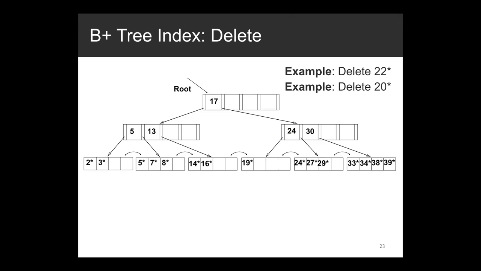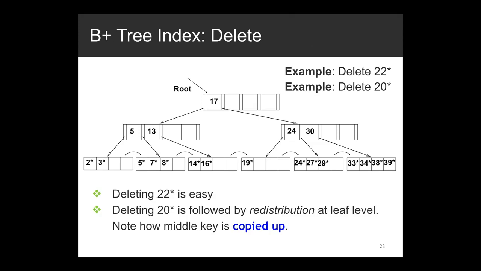But because 24 will now come to this leaf, this index key has to be updated, and the way you do that is by copying the middle key up. And the middle key here is 27, and so the index key is updated to 27. Now the consistency of the tree is still there because anything to this side is strictly less than 27, anything to this side is greater than or equal to 27. Does that make sense? So the middle key is 27 and it's copied up to the parent.